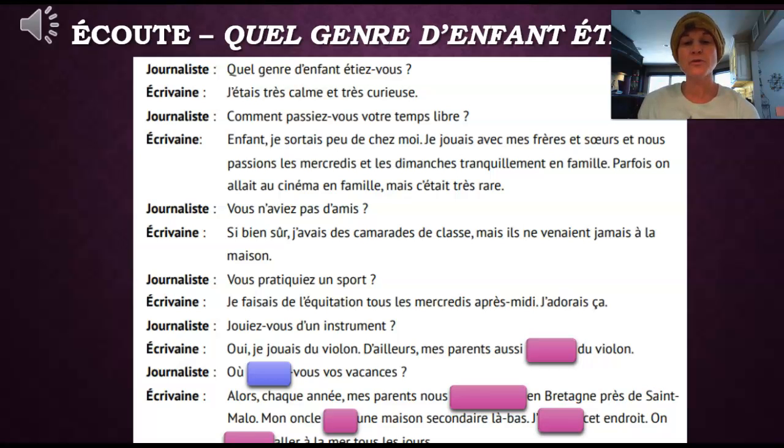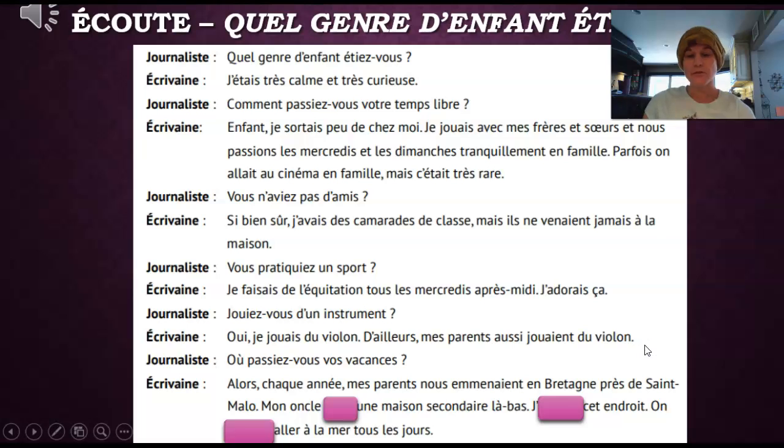D'ailleurs, mes parents aussi jouaient du violon. Où passiez-vous vos vacances? Chaque année, mes parents nous amenaient en Bretagne près de Saint-Malo. Mon oncle avait une maison secondaire là-bas. J'adorais cet endroit. On pouvait aller à la mer tous les jours.